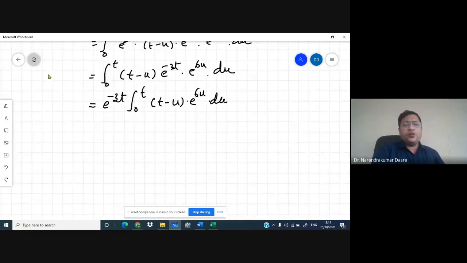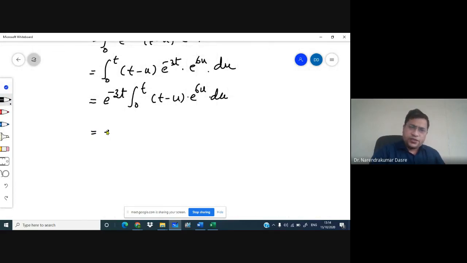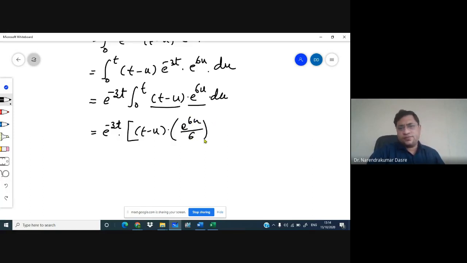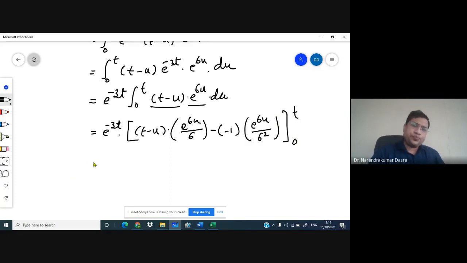Now we have to integrate this. Let us keep e raised to minus 3t outside. This is the u into v rule. This is going to be u and this is going to be v. So u remains as it is, t minus u, times the integration of v, e raised to 6u upon 6, minus the derivative of u, which is minus 1, times the integration of this term, e raised to 6u upon 6 square, and the limit is 0 to t.